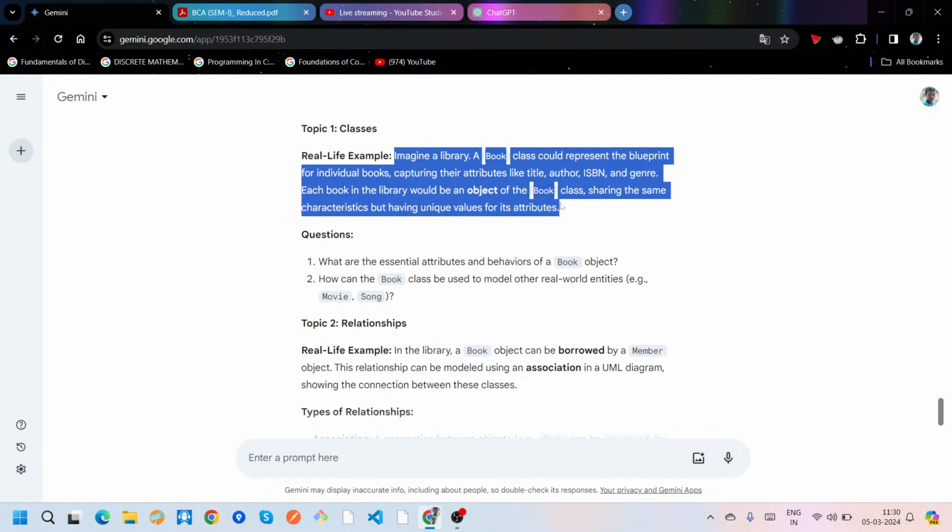Then each book in the library would be an object of the book class, sharing the same characteristics but having unique values for its attributes.